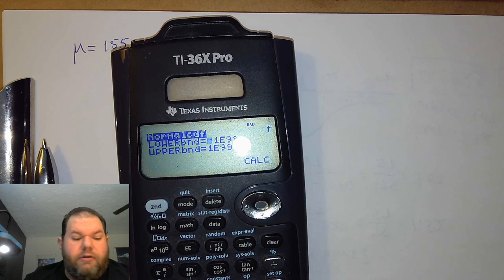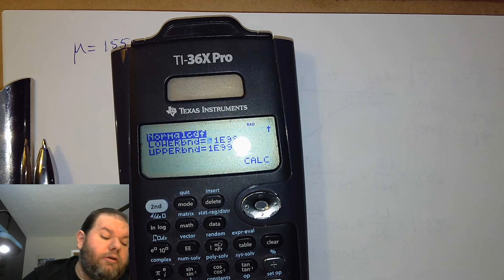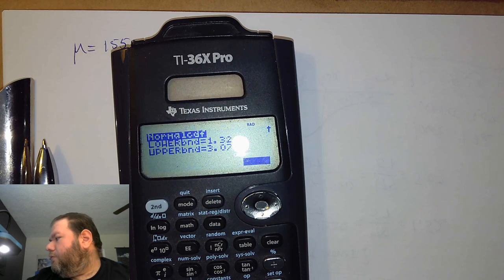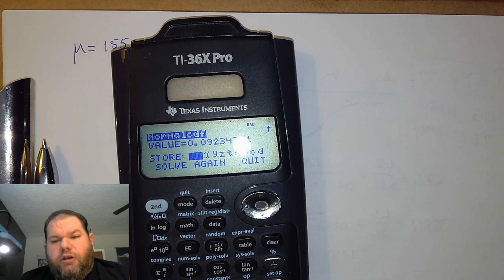Let's see, we did 1.32 and then 3.07. The only way it should give you 0 is if you enter the same number for both the upper and the lower bound.